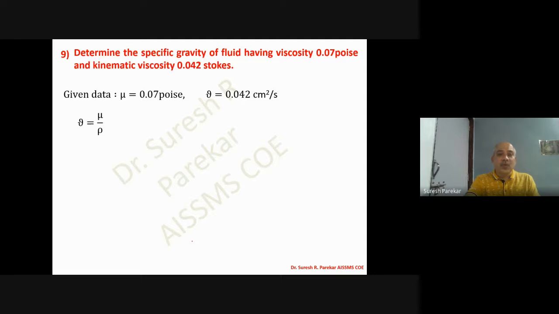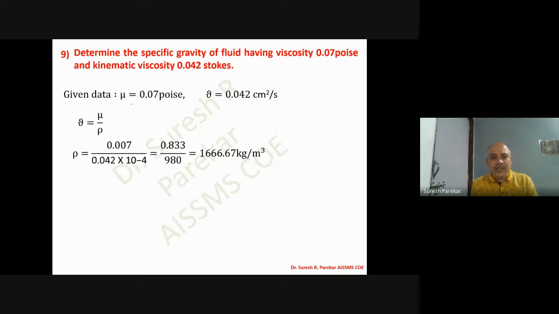Then we go to nu is equal to mu by rho. Now just try to understand, we convert these values into SI units. We have 0.07 poise, convert it into Newton second per meter square: divide by 10, so 0.007 Newton second per meter square.